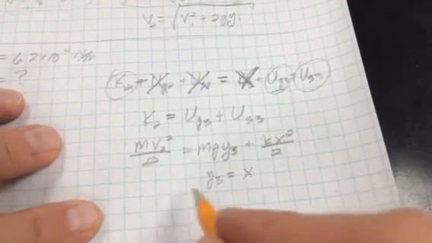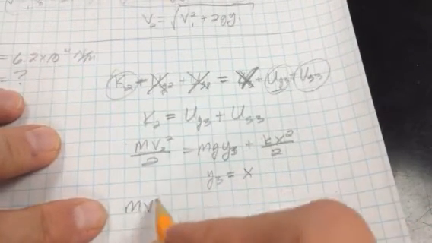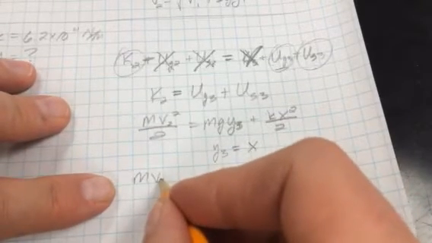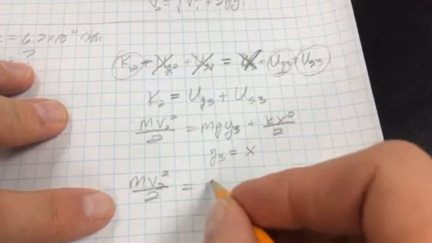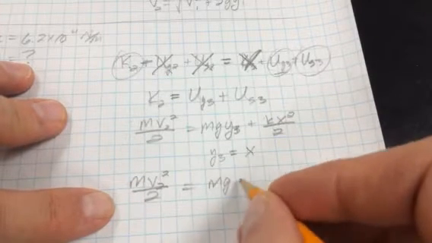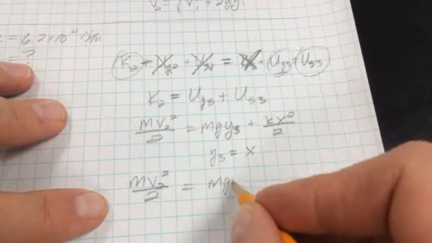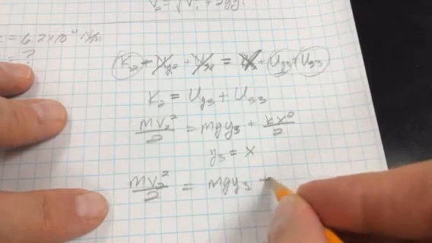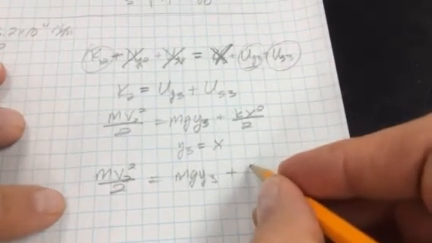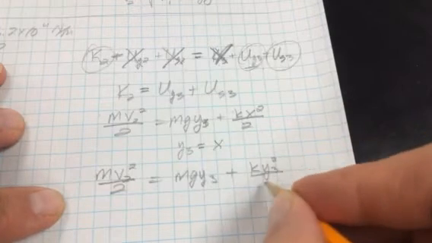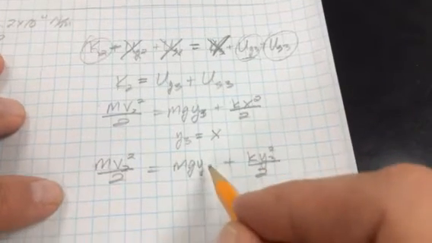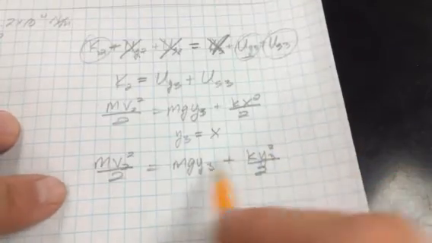So I can rewrite this, or just make those slight changes. The kinetic energy at 0.2 is equal to the gravitational potential energy at point 3 and whatever spring energy there is at point 3. Remembering that the displacement for the potential energy and the displacement of that spring are going to be the same.